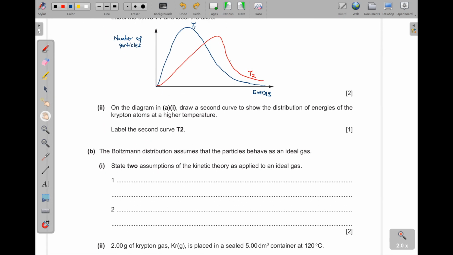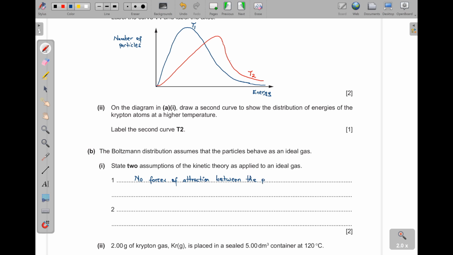Now, for an ideal gas, we should know that there are no van der Waals forces of attraction between the particles, okay? So I can say no forces of attraction between the particles. Even if you don't say van der Waals, no forces of attraction. So the particles are free to move, okay?